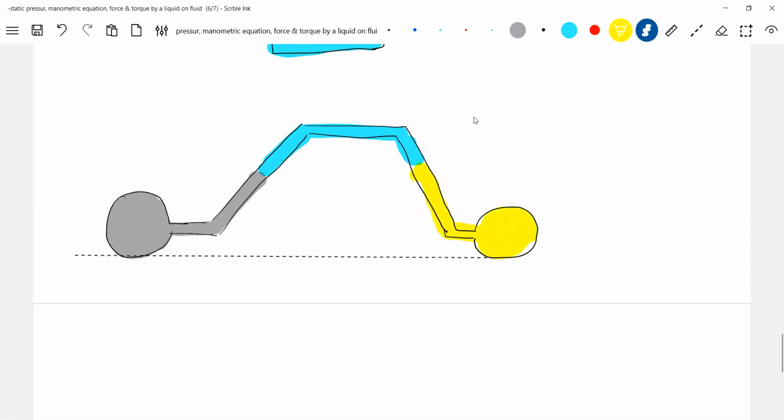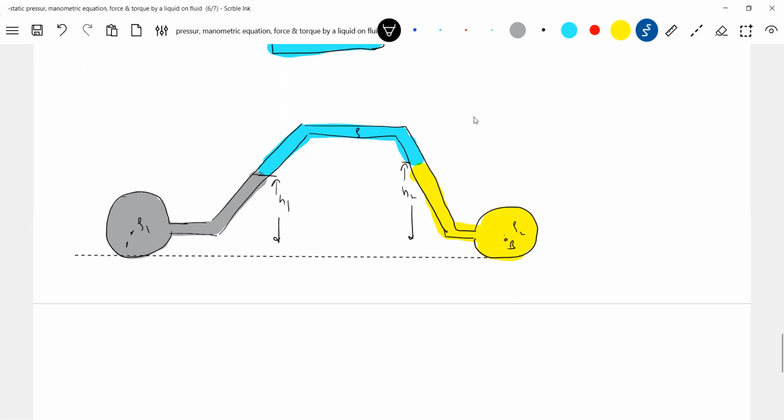Okay, these are the 3 liquids. This will be rho 1, rho 2.